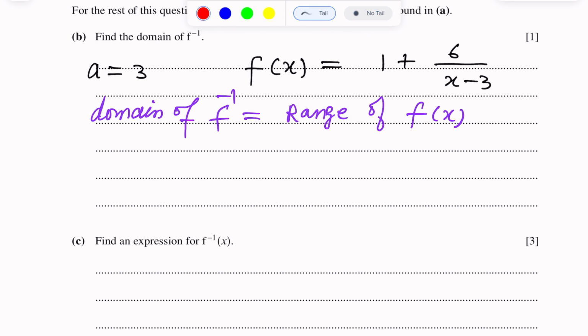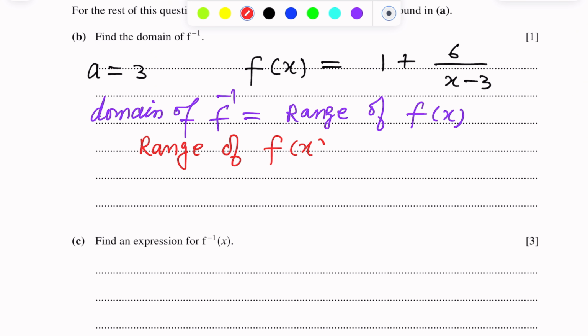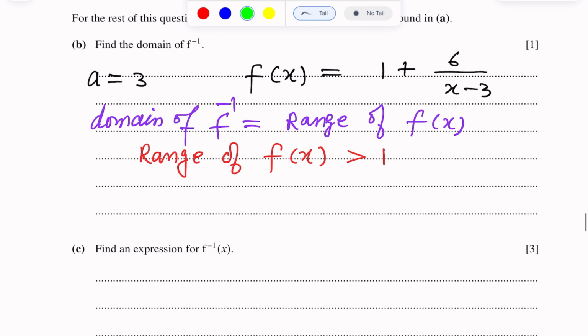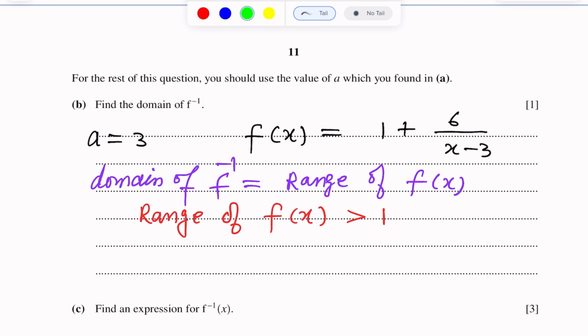So we can write that the range of the function is greater than 1, because this value is added to 1, so we always get f(x) greater than 1.